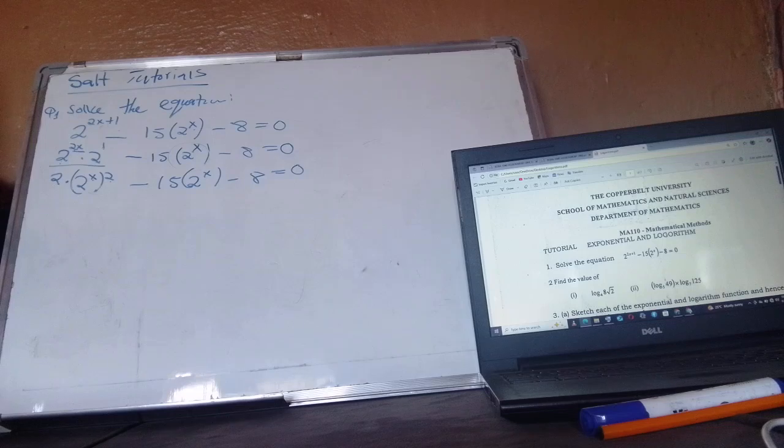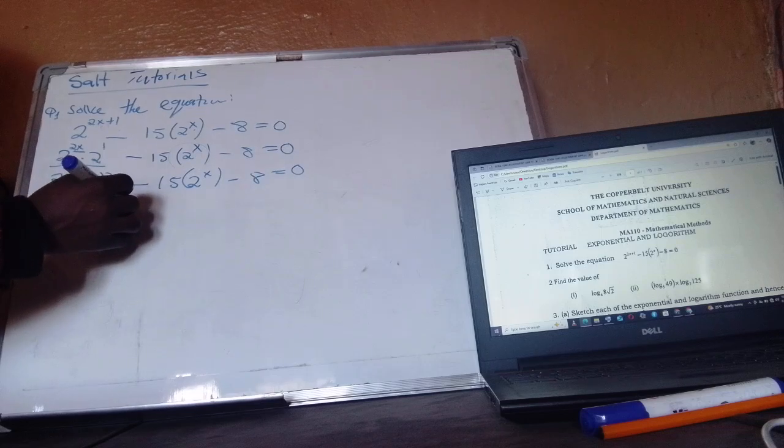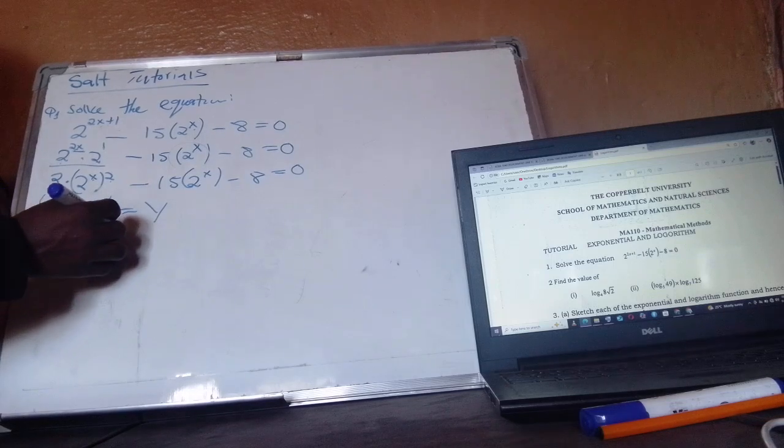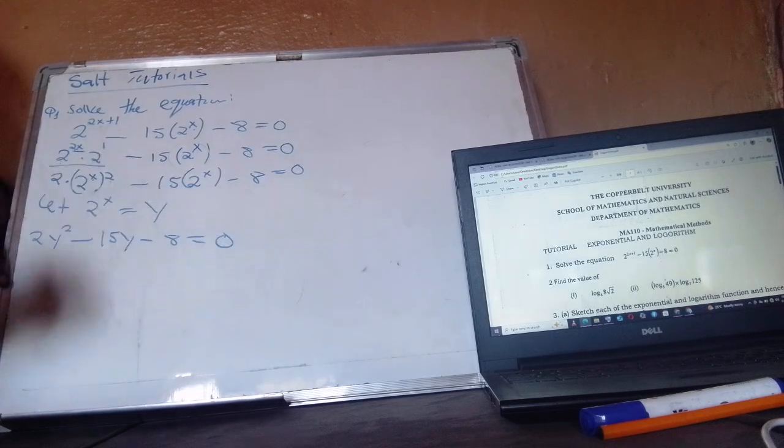After having something like this, it becomes very simple. How is it simple? Because I'm able to simplify it by letting my 2 power x be any letter of my choice, say y. This becomes 2y squared minus 15y minus 8 equal to 0.